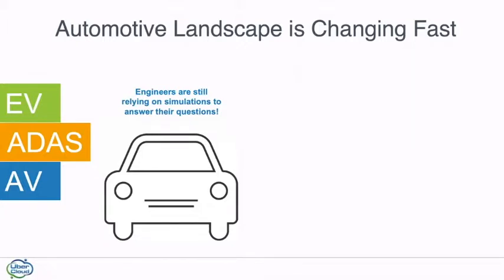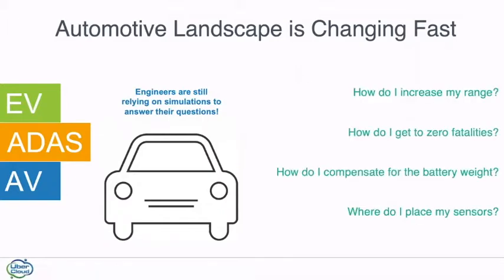There are additional questions now, such as how do I increase my battery range, which brings a focus on battery technology, but also aerodynamics of the vehicle. So how do I compensate for the added weight introduced by the batteries, which relates back to this? And where do I place my sensors to get accurate readings in all weather conditions? How do we get to zero fatalities? So these are some of the new questions engineers have been asking and using simulations to answer.